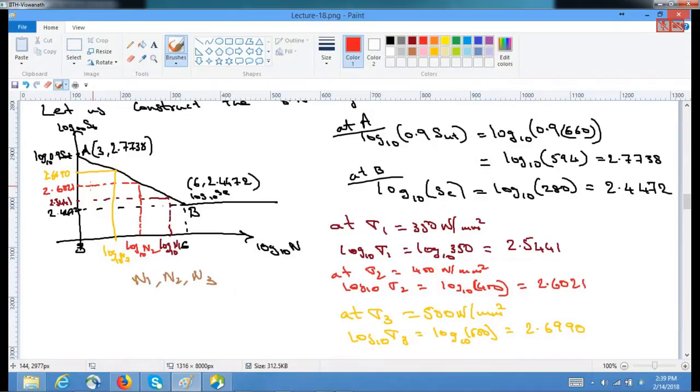So at these places, if you intercept the diagram and you take a vertical line from that place, that will give you number of cycles. That's what I'm going to do now. So I will try to compute my N1, N2, N3. Let me get it done for one case, and based on that you will understand the remaining cases.